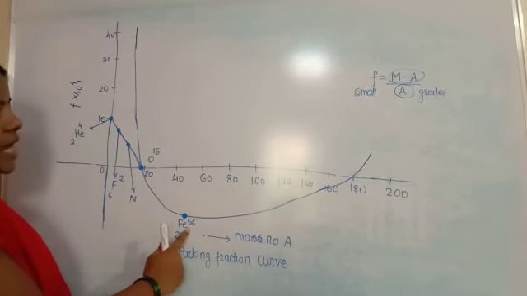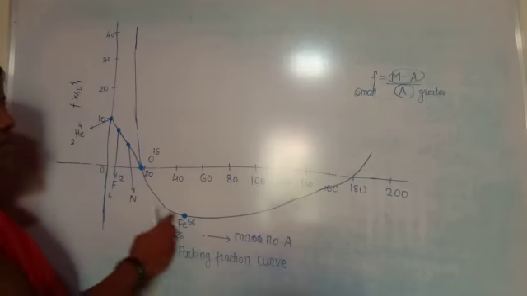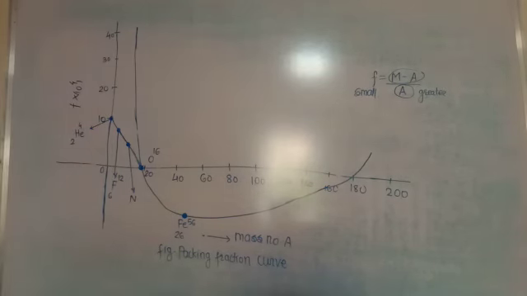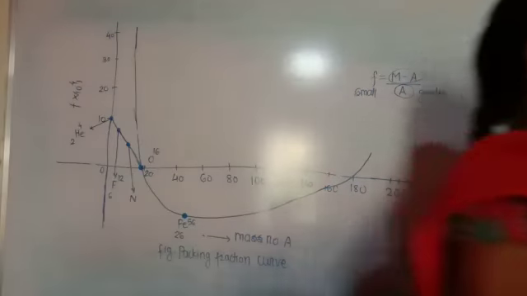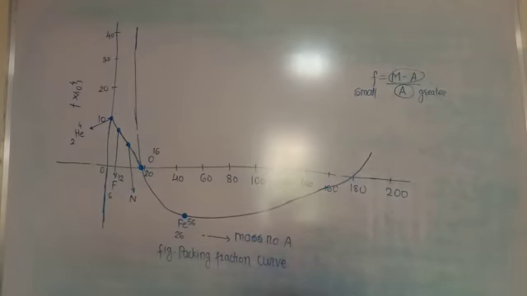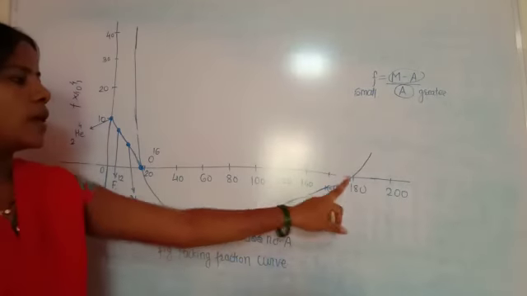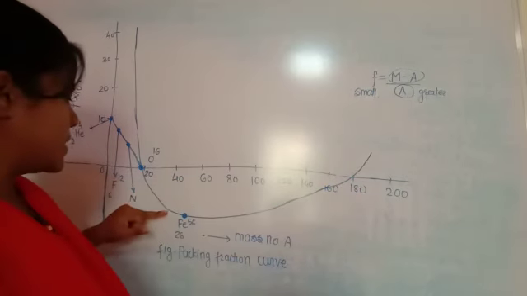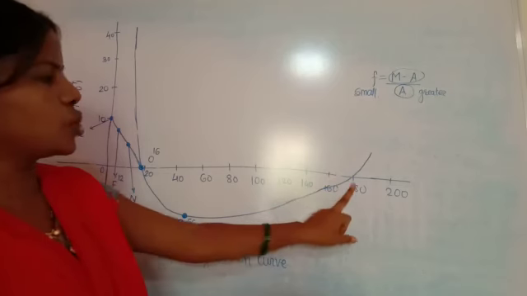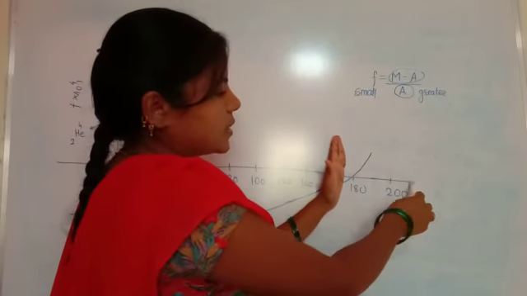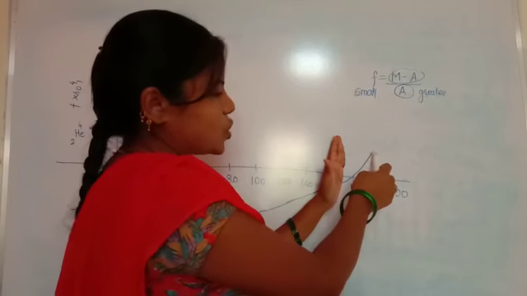That's why iron-56 is the most stable nucleus. And as the mass number A increases further, we observe that around 180 the negative value reaches the positive value, and above that, when the mass number increases again, the value becomes positive again.